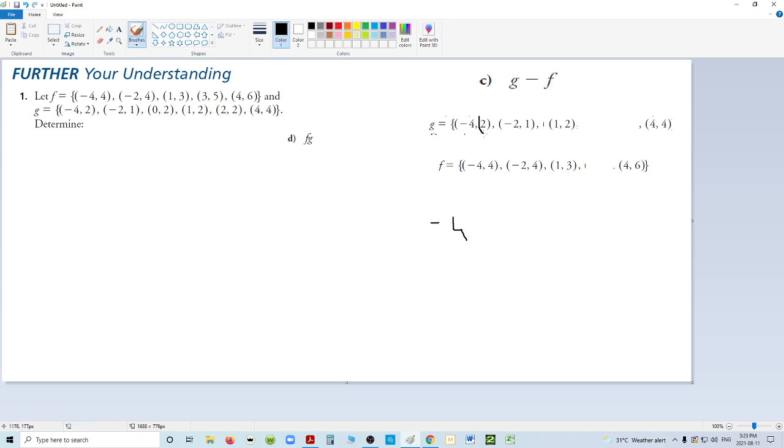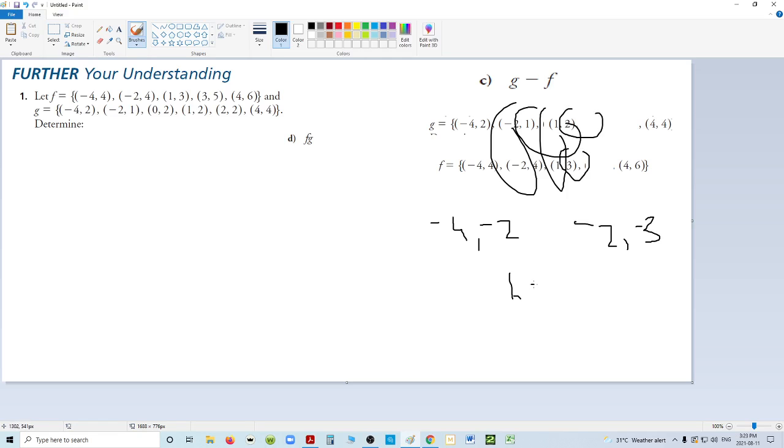And then I'm going to do 2 minus 4. Get minus 2. I'm going to take minus 2 and I get 1 minus 4, minus 3. You can see they're very different. Then I'm going to take x value of 1 and I'm going to do 2 minus 3, minus 1. And then finally I'm going to take the 4 x value. I'm going to take 4 minus 6 and I get a minus 2 again.